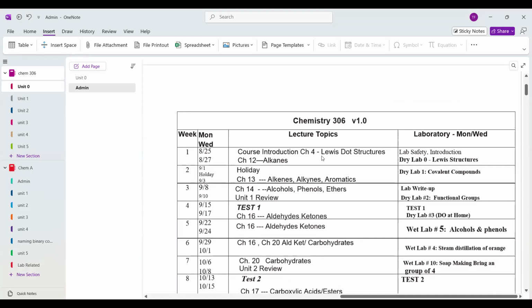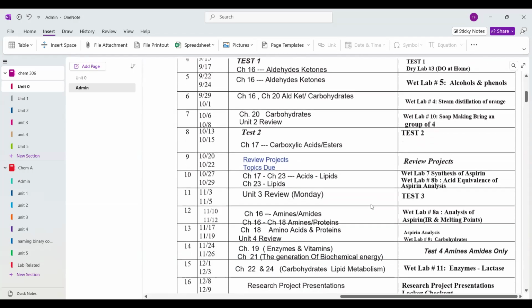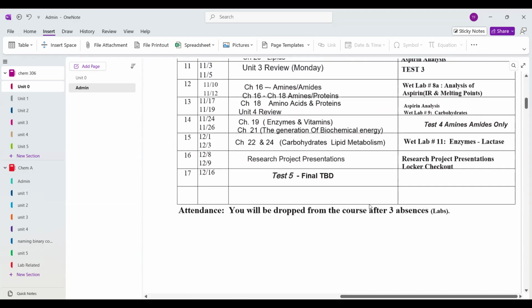So these are basically what I'm covering on these days. The dry labs 1 and 2 cover these. Dry Lab Zero is on Lewis structures, like I was saying before. Anyway, this is the schedule.